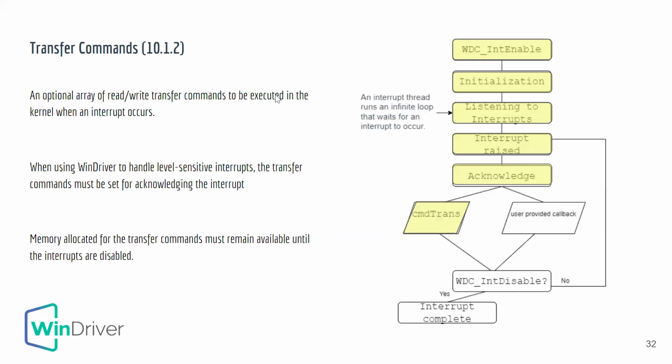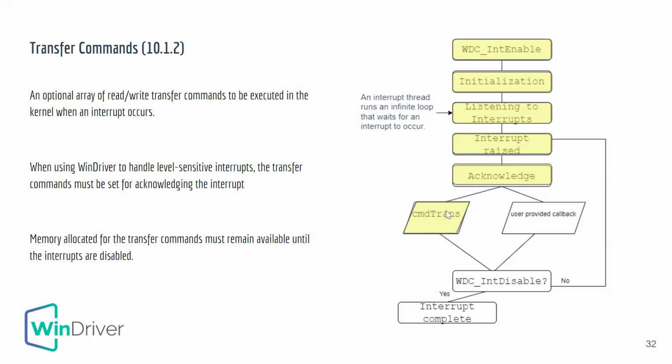Okay, so we said that we have the sequence and we have the int enable and it listens to interrupt, and then an interrupt is raised and acknowledged, and then it can either send a user provided callback or a transfer command. Now, the user provided callback is what we saw with the function and the p data that it uses, and we have the transfer command.